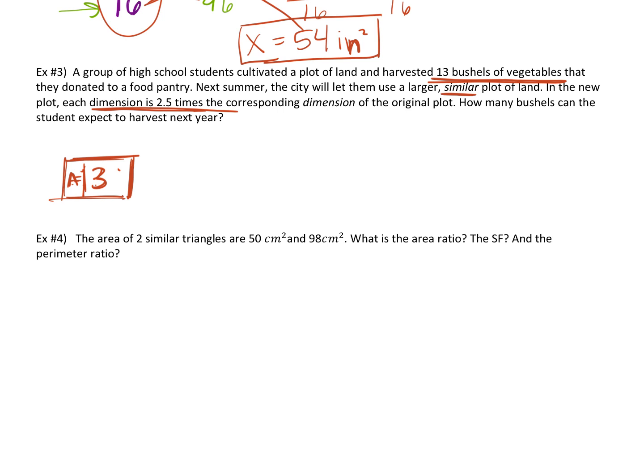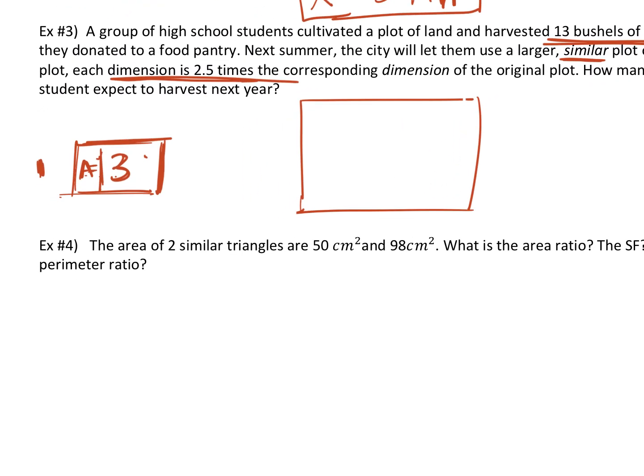So if the setup is I had this plot of land and now they're gonna give me a bigger one. If this length was 1, what's the length of the other side? That's awful, sorry. Let's just write this nicer. Okay, so the area of this one's 13. If the length of this side is 1 foot, let's say, then what would the length of this side have to be?